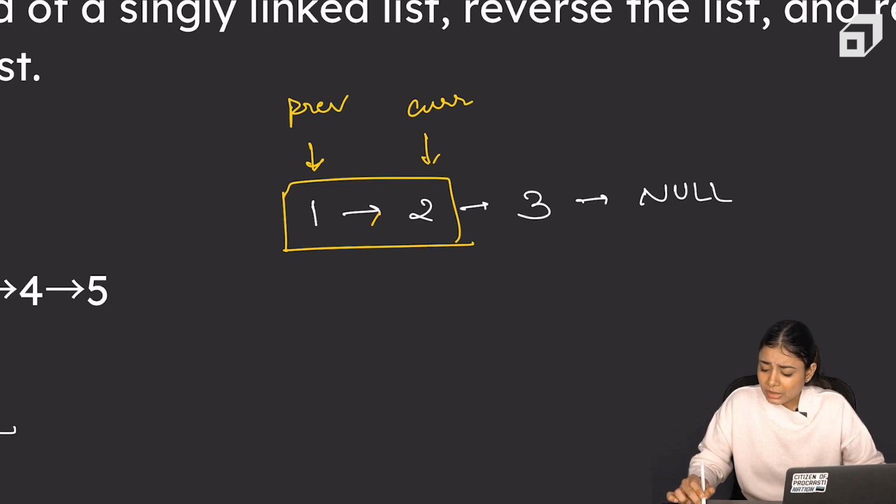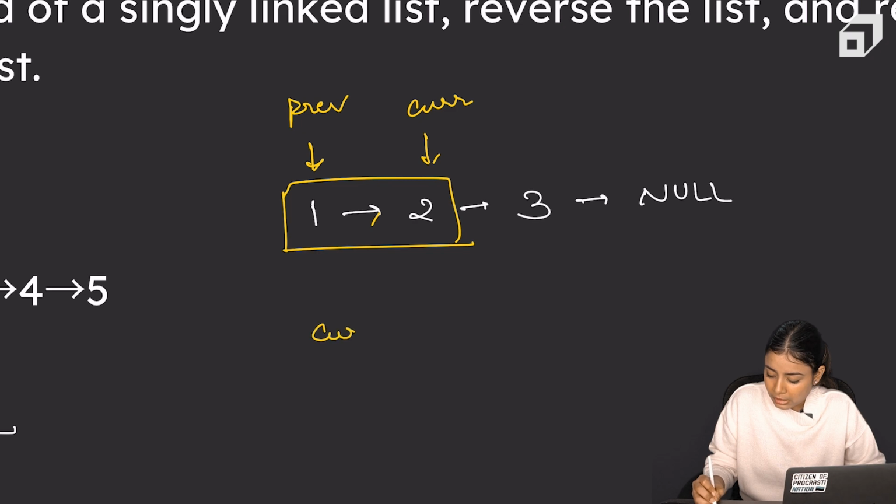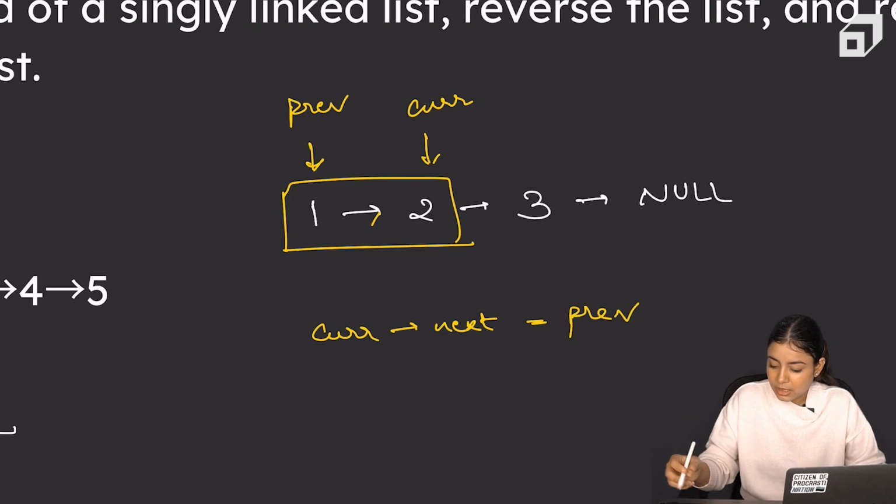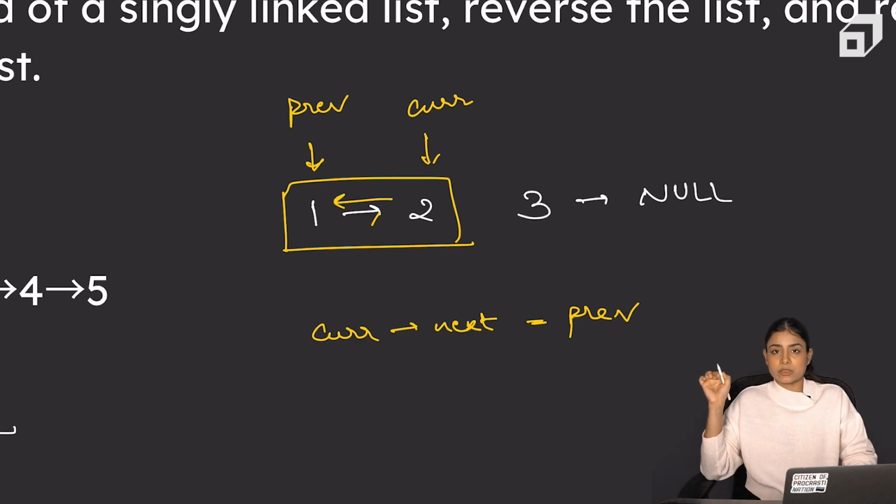Now what you do is you put current next as previous. So what will happen is this link will get removed, and we'll have another link where 2 will be pointing to 1 instead of 3.